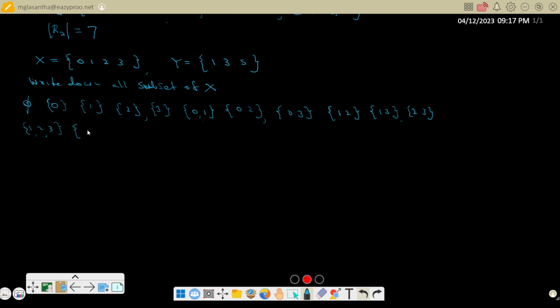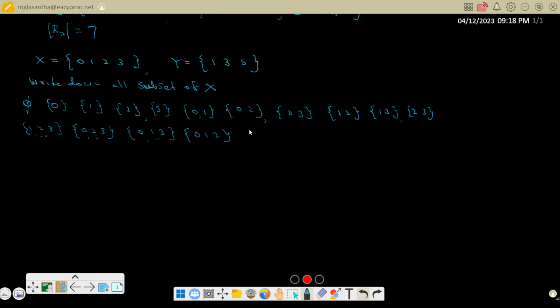Then you can discard 1: 0, 2, 3. Then 0, 1, 3, you discard 2. If you drop 0, you get this one. If you drop 1, you get this one. If you drop 2, this one. If you drop 3, 0, 1, 2. Right? These are subsets of X.